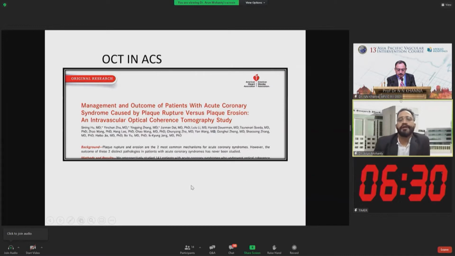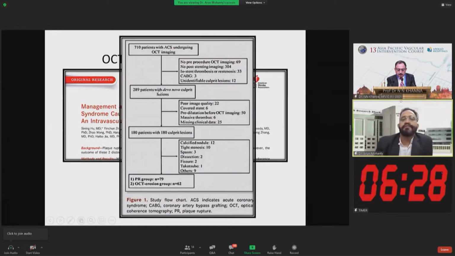So this is the data. One can see they've taken 710 patients in a registry for OCT analysis. The difficulty in ACS is poor image quality in the majority. There is a large number of thrombus; in our practical experience, we have a lot of thrombus. You cannot interpret the lesion behind, and sometimes you fail to have a very good flow in the coronary.